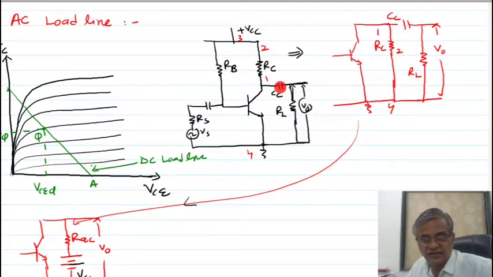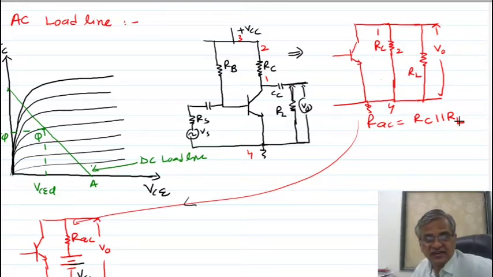So this has a very low resistance, and I am neglecting this also. Then the AC load at the output is left as only the parallel combination of RC and RL.